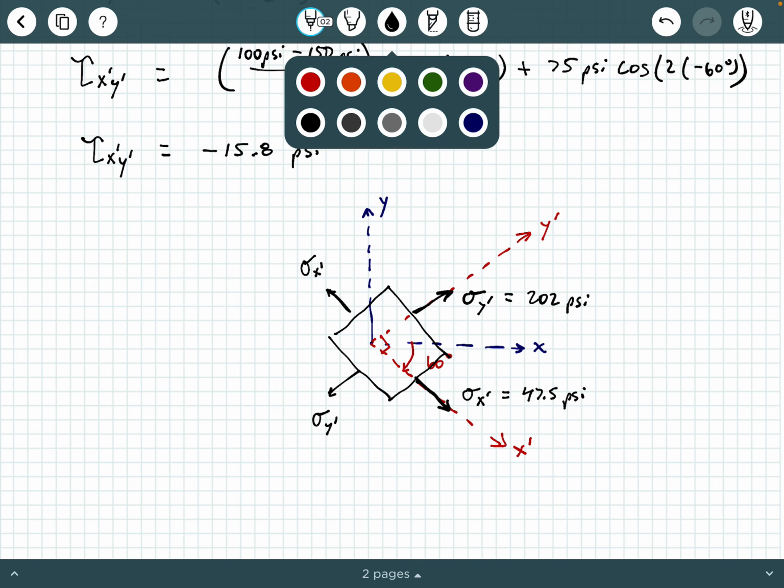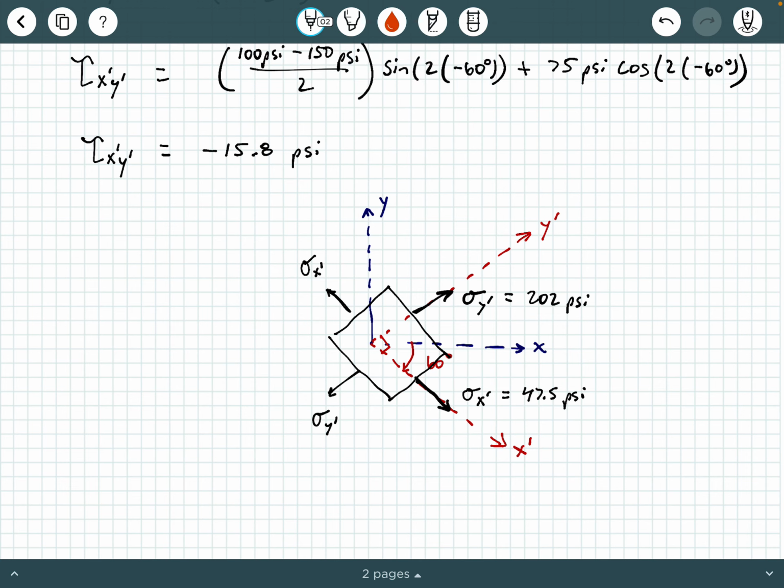And then we have the shear stresses. I'm going to change colors for that. The shear stresses came out to be negative 15.8 psi. So when we're looking at this rotated set of axes, we're going to have the negative 15.8 psi pointing in the negative direction here.